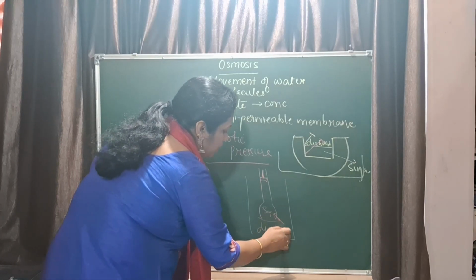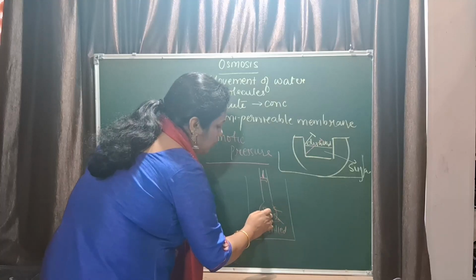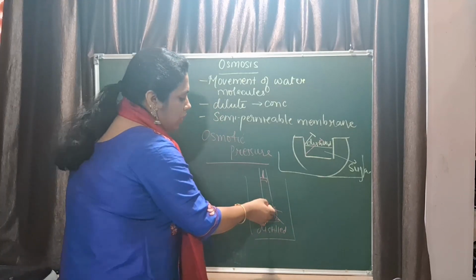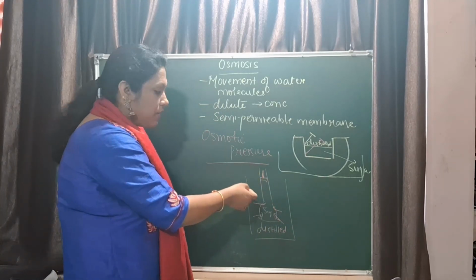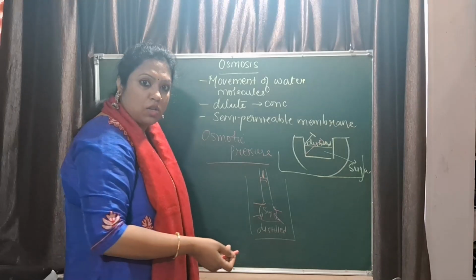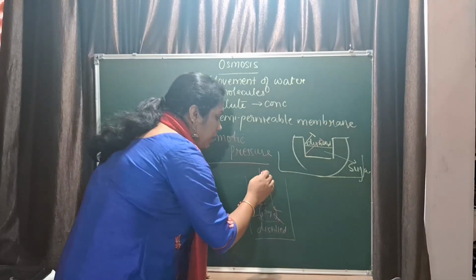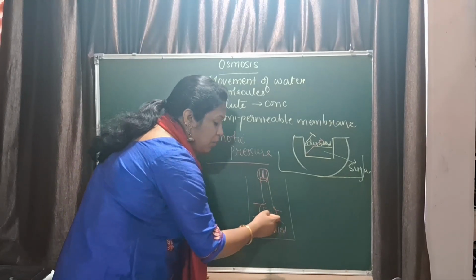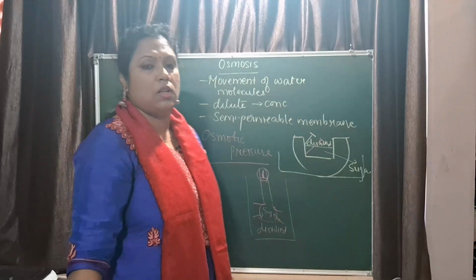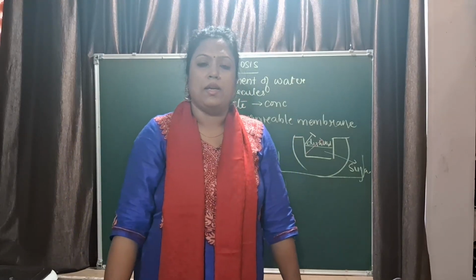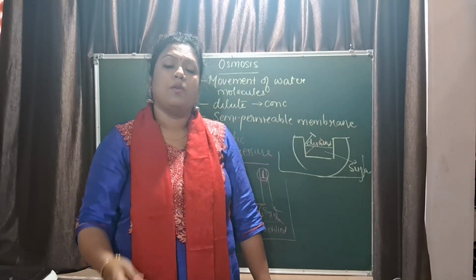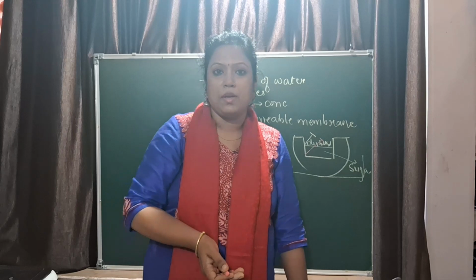From distilled water, the water will move into the sugar solution, correct? So the water level will rise in the thistle funnel, showing that endosmosis is happening. But the amount of pressure that you put so that the movement of water stops is called the osmotic pressure. Is that clear? This is very important when you talk about the ascent of sap.